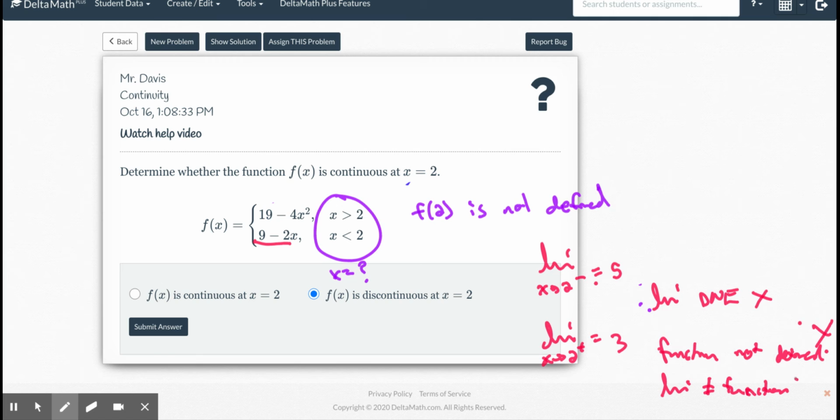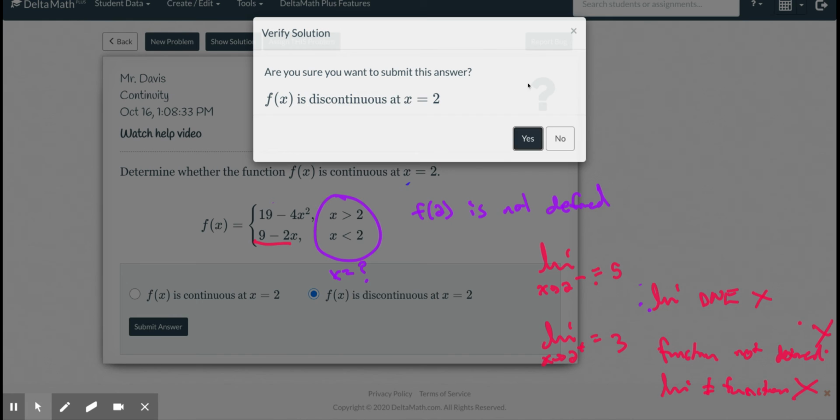Those are the worst questions because oftentimes you can figure out one of them is not true, but determining if more than one is not true is the hardest part. So this one might be the case where it's a multiple choice question and you have to determine why it's discontinuous. Well, all 3 reasons it would fail because the limit does not exist, the function is not defined, and the limit does not equal the function value. So this would fail all 3. So you would need to select like 1, 2, and 3 for why this is discontinuous.